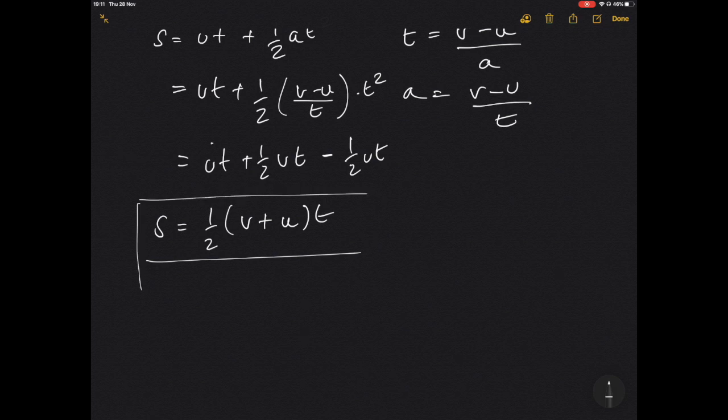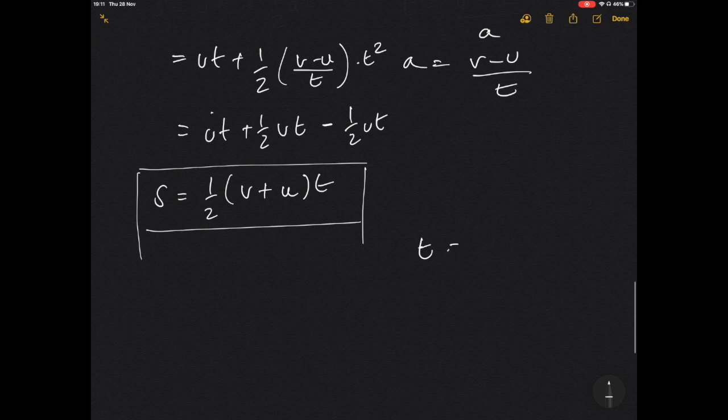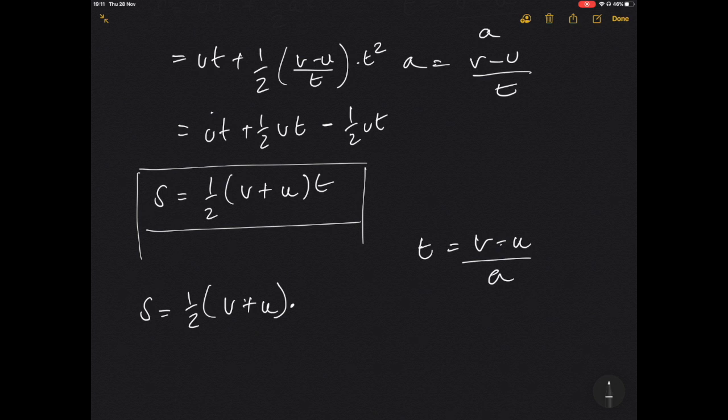So we have another equation. We're quite able to keep on manipulating and manipulating. So what happens if, finally, by removing t, we can get rid of this? We could say here that t equals v minus u over a. So we could perhaps sub this in. If we take this equation, we can say that s equals a half v plus u multiplied by v minus u all over a.